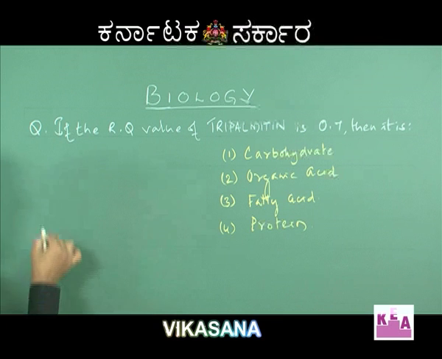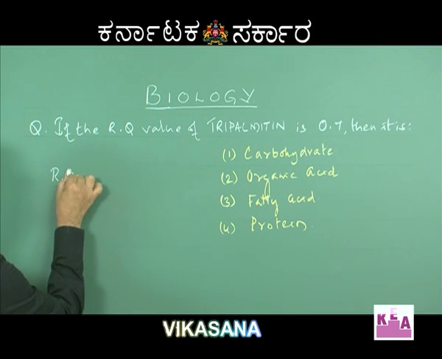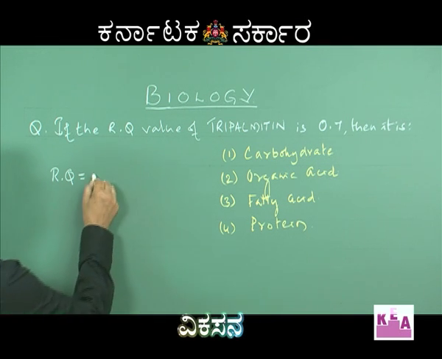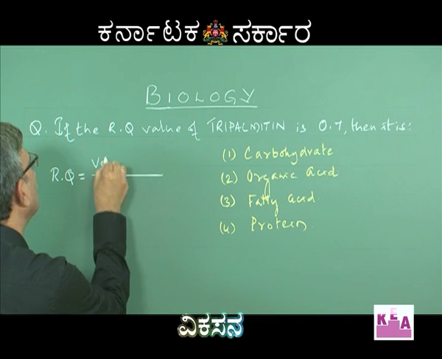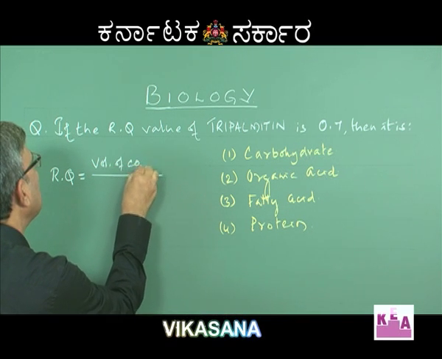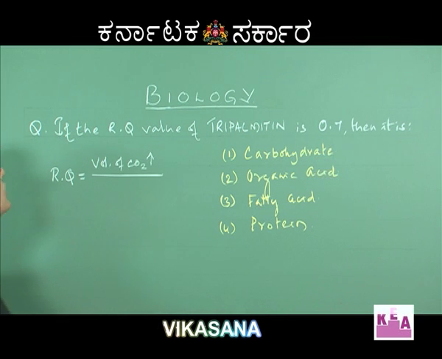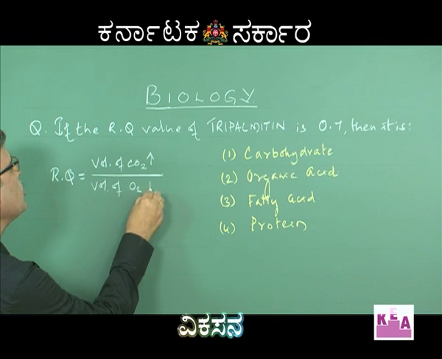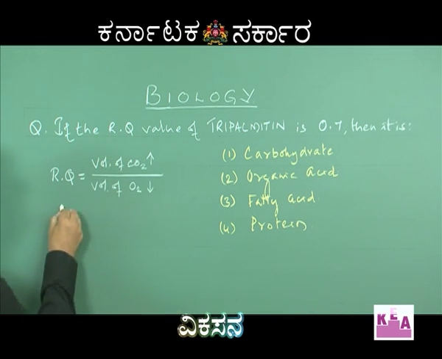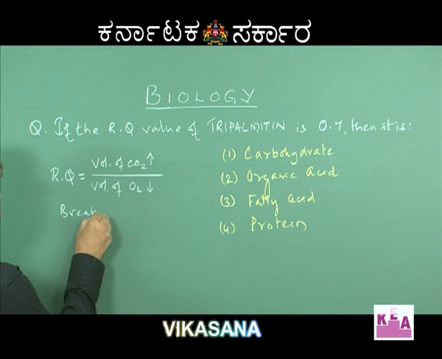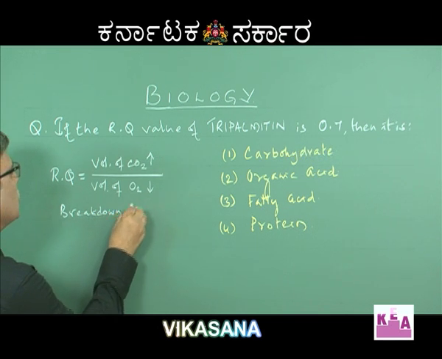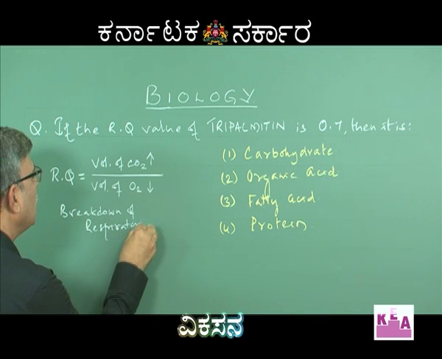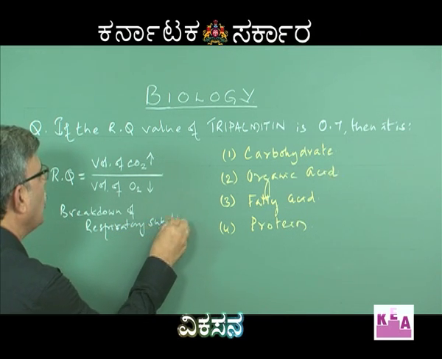I hope all of you know the respiratory quotient is calculated as the volume of carbon dioxide evolved to the volume of oxygen consumed during the breakdown of respiratory substrate. I hope all of you know this.